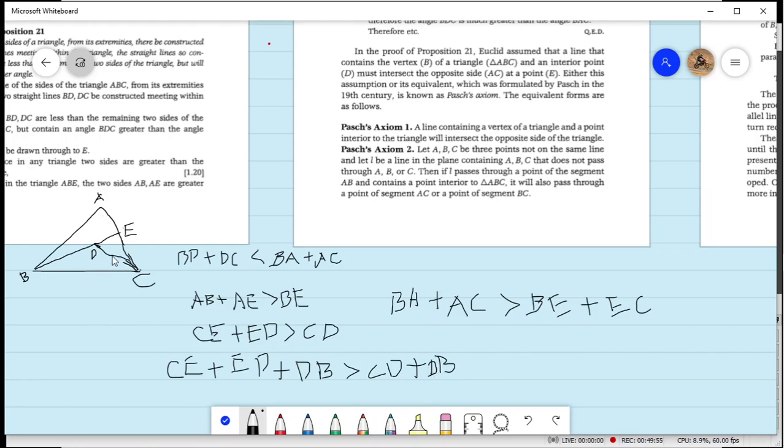But CE plus ED plus DB is just actually BE plus EC. This one.